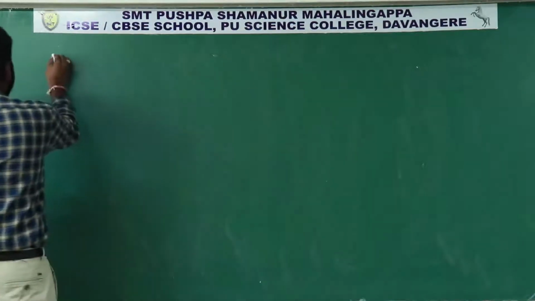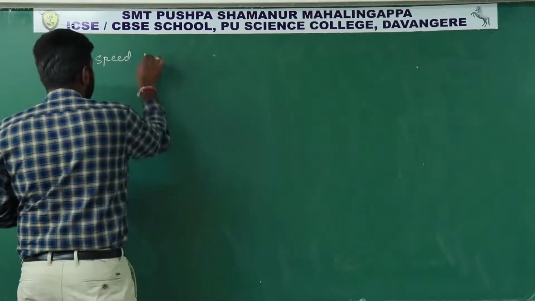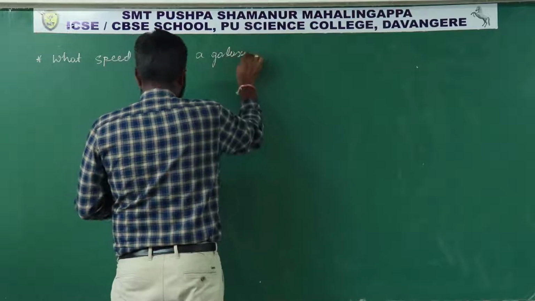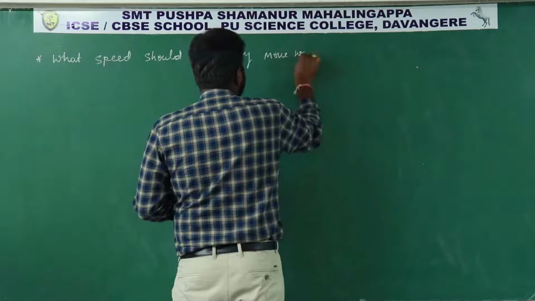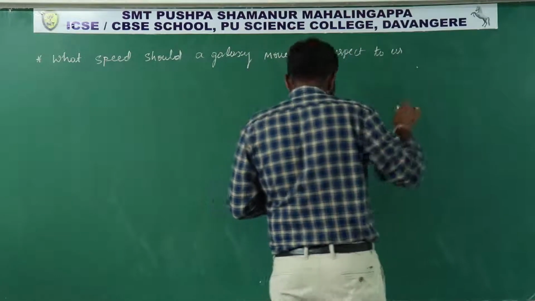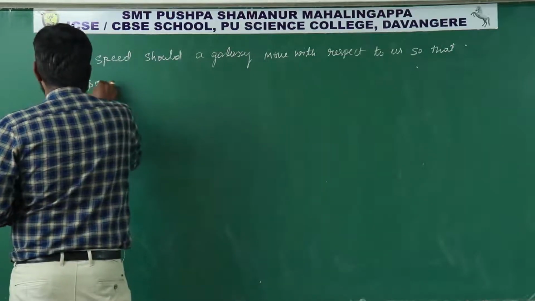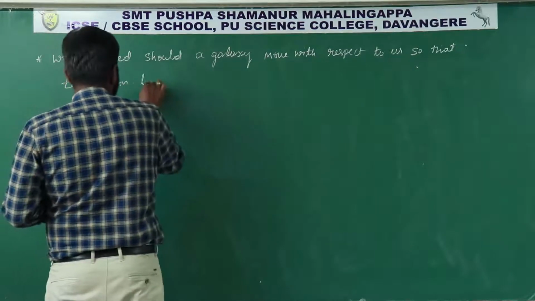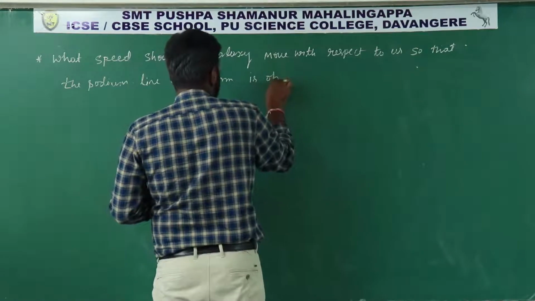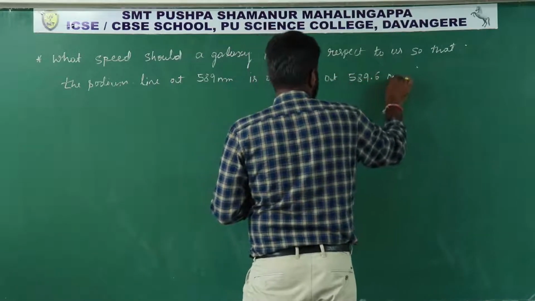that is in NCERT. See here, the question is, what speed should a galaxy move with respect to us, so that the sodium line at 589 nanometer is observed at 589.6 nanometer.